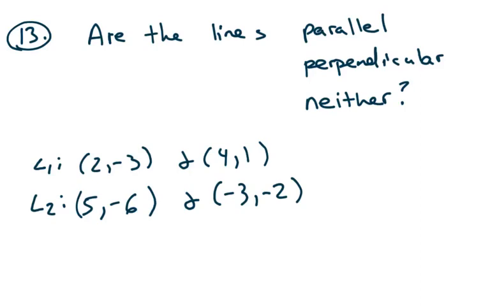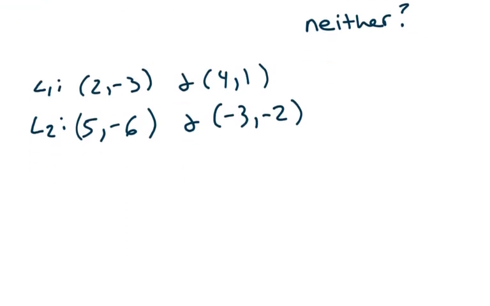Number 13, are the lines parallel, perpendicular, or neither? Okay, so we've added one more step, which is really a combination of what we've done thus far. You're just essentially going to have to find the slopes of both these lines.